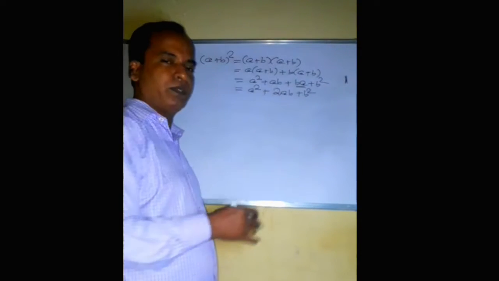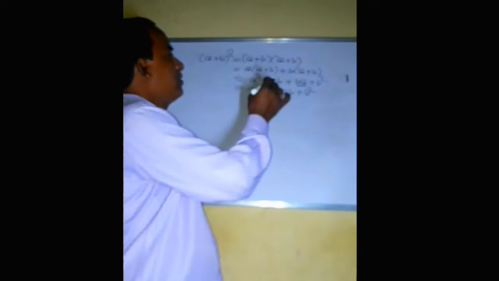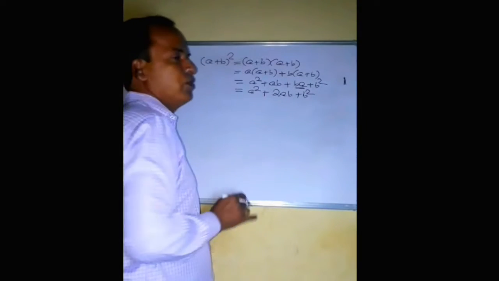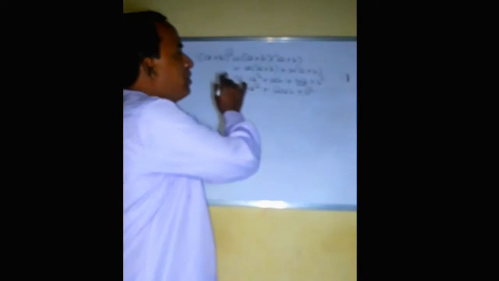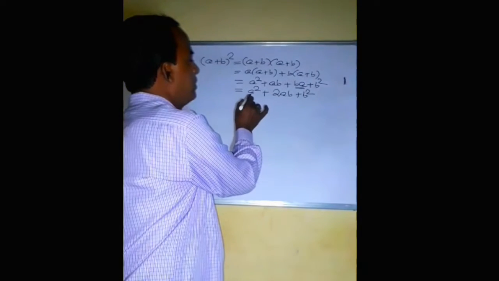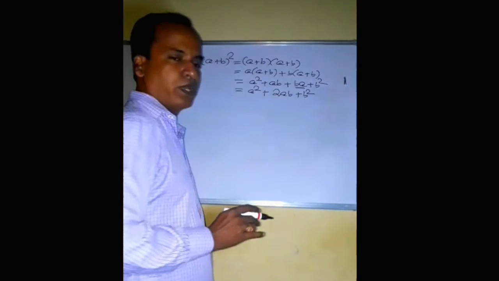In expanded form, if the question is to express (a plus b) whole square, that is, the square of a plus b in expanded form, that means a square plus 2ab plus b square.